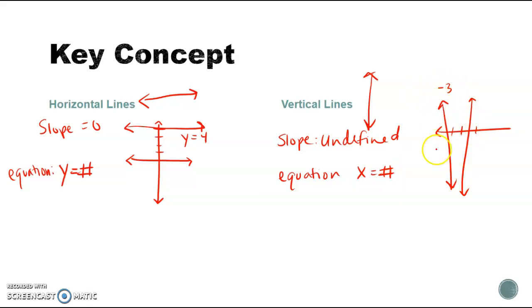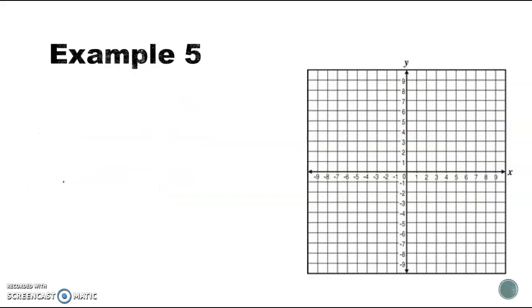Well, then the equation of that vertical line is going to be x equals -3. So, moral of horizontal and vertical lines, if you have x equals a number, then you've got a vertical line. If you have y equals just a number, no x in the equation at all, then it's going to be a horizontal line.